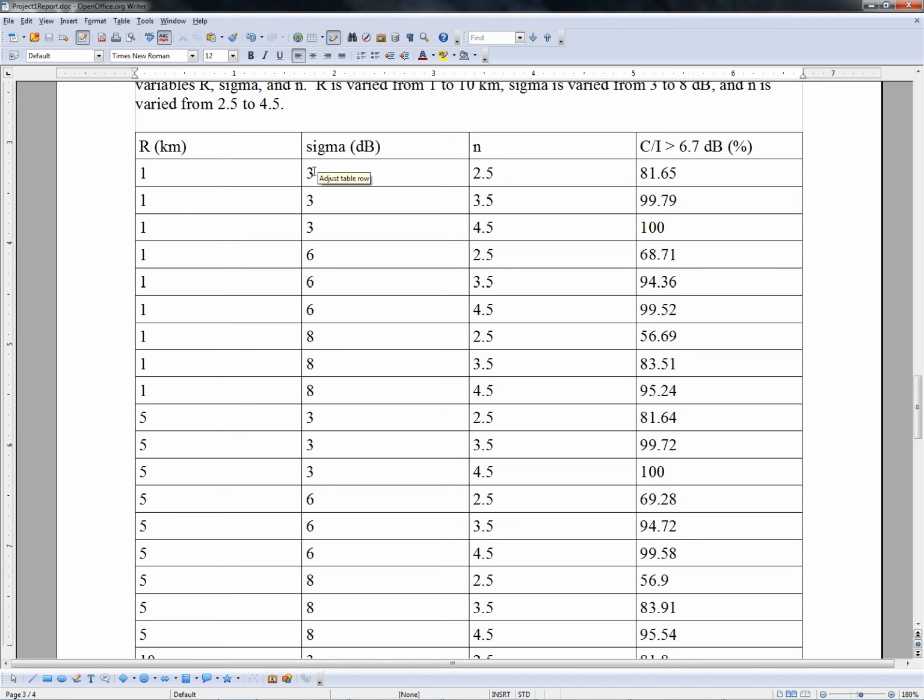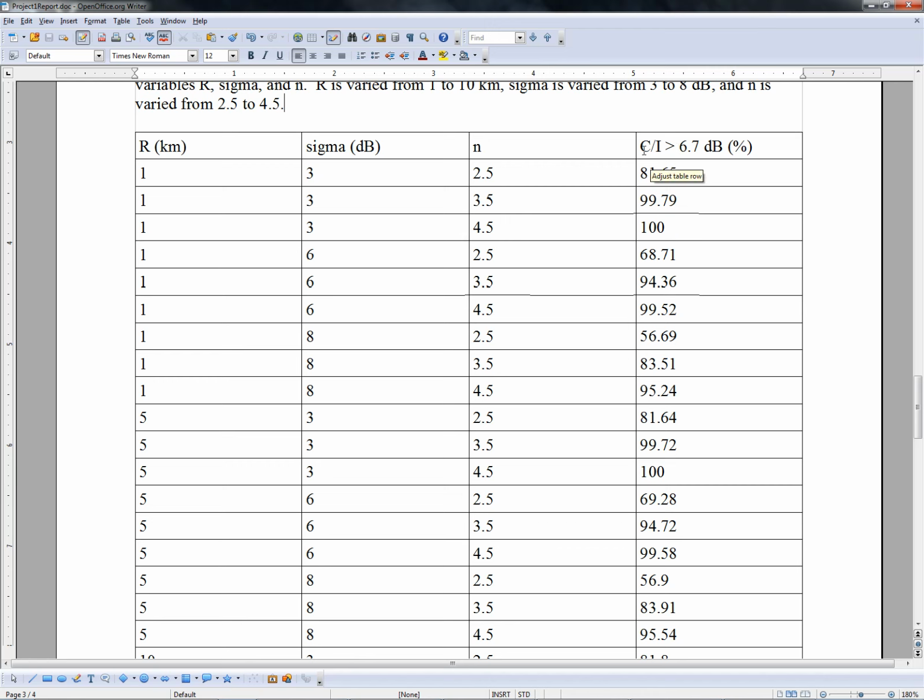Then for sigma, I noticed as I increased the value of sigma that the total coverage would be reduced significantly. And this makes sense because as you increase the variance caused by shadowing, you'll get more and more locations which fall below the threshold.